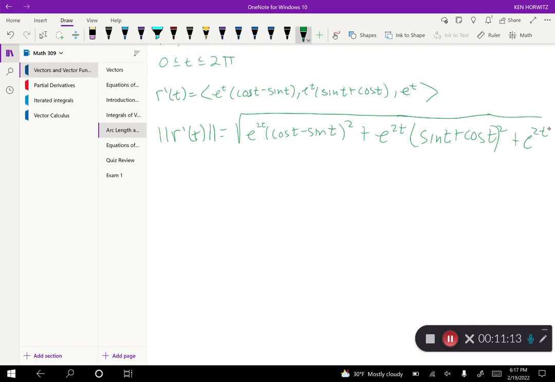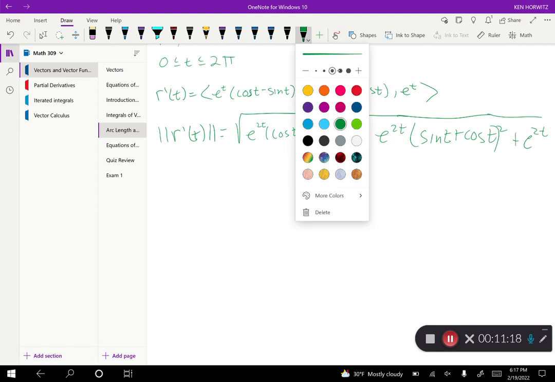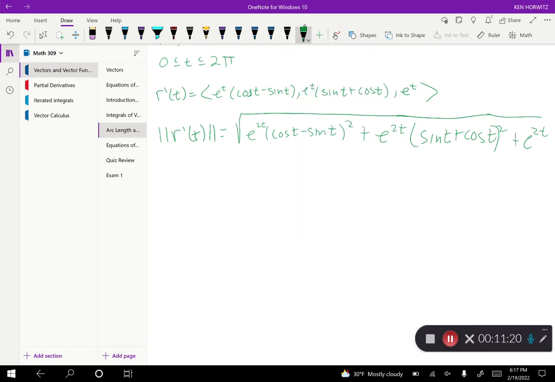All right, so now there's some algebra to do. And I'm going to ask you guys to pause the video to do some of that algebra. This over here you need to expand and FOIL. This over here you need to expand and FOIL. But we also have an e to the 2t, e to the 2t, e to the 2t in all three of our terms. So before we start doing our algebra, we can take that out of the square root and just leave it as e to the t.